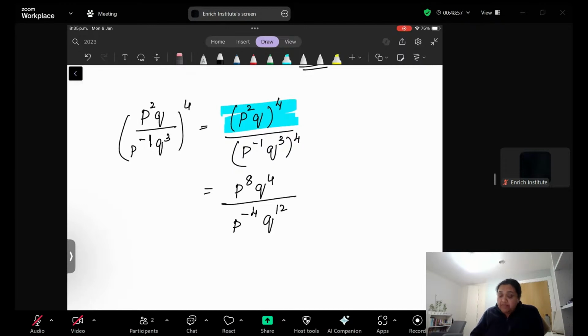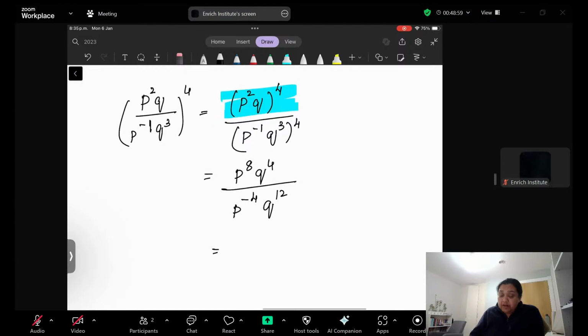And then what do you do? You just subtract. You subtract the p part here, which is p to the power of 8 minus minus 4. Remember, many people make a mistake here because they don't consider this minus 4, and they just write 8 minus 4. That's incorrect. Whenever there's something in the numerator and something in the denominator, you subtract.